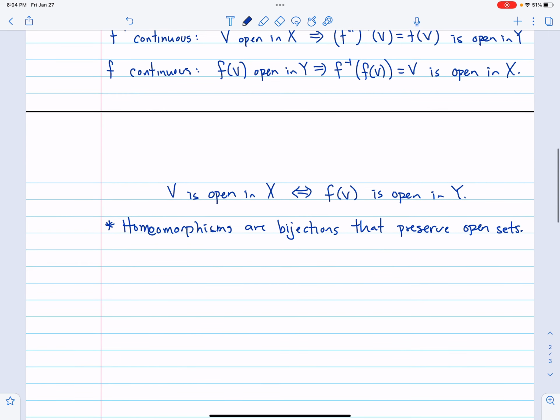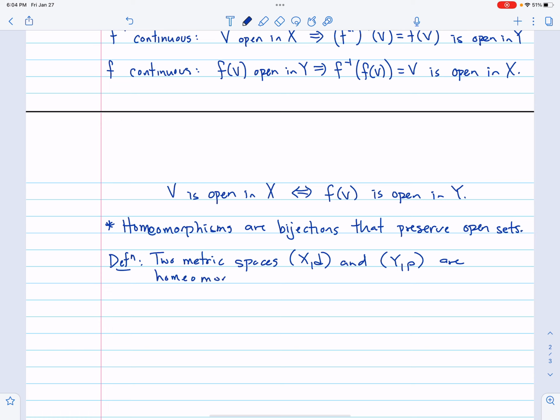Okay? So we say that two metric spaces (X, d) and (Y, rho) are homeomorphic if there exists a homeomorphism f from X to Y. All right?